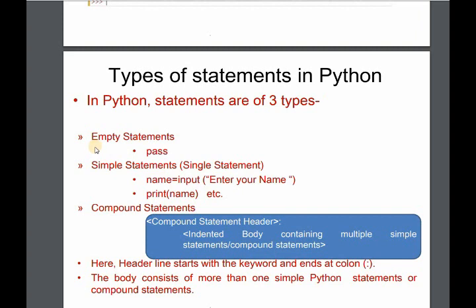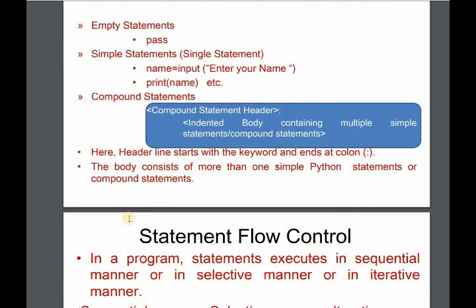Empty statement is where you are not inserting anything. Simple statement is where you are inserting a single value, a numeric value, or a string value. But if you are working on a statement under a controlled environment, for example a loop environment or a conditional environment, at that time you can use the compound statement.